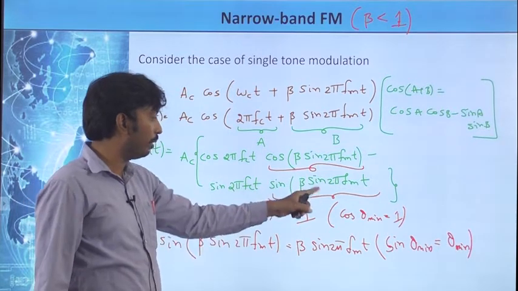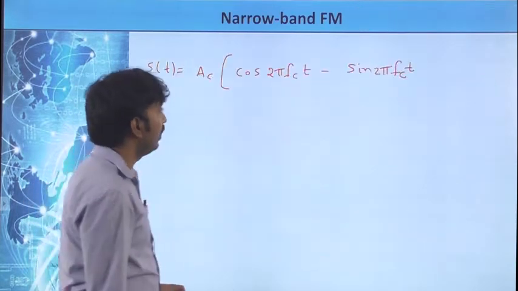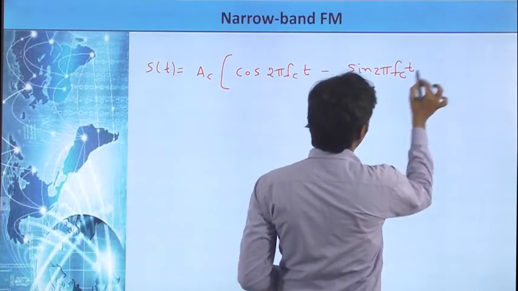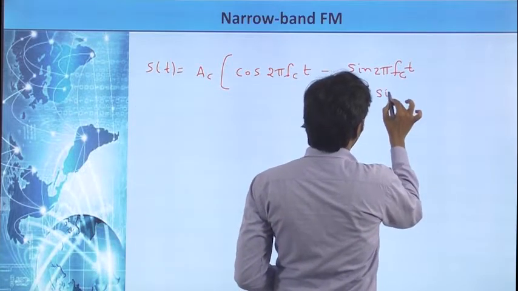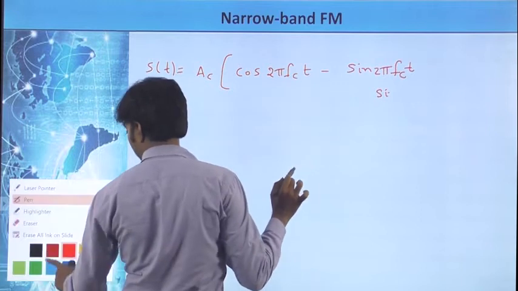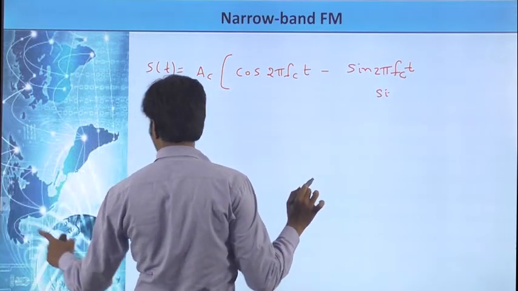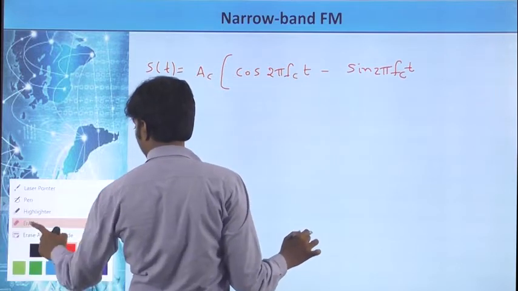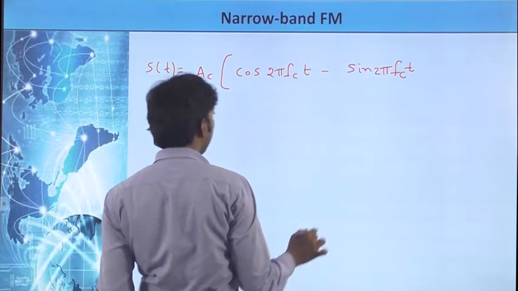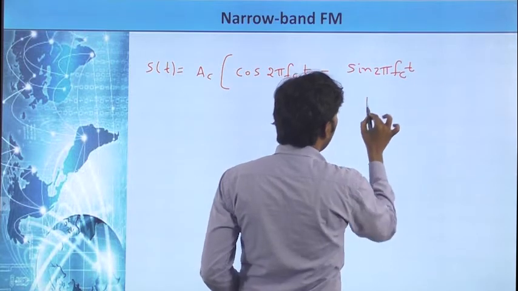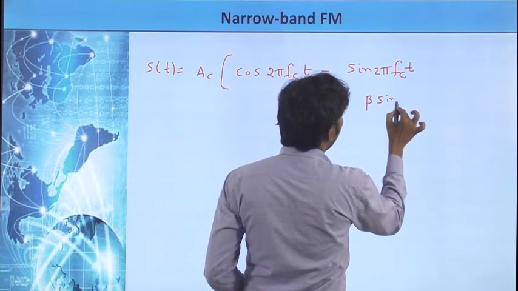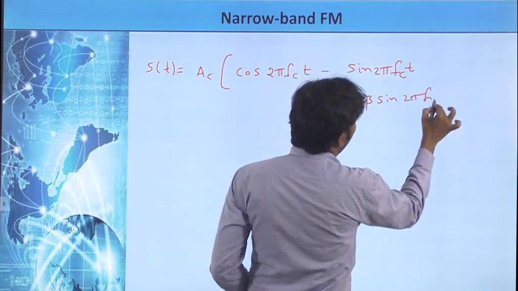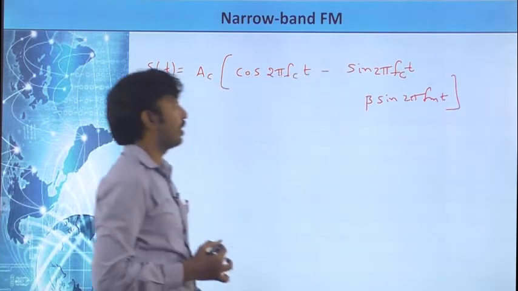That means sin of beta minima is equal to beta minima, that means beta sin 2 pi FMT. Now this is the expression.